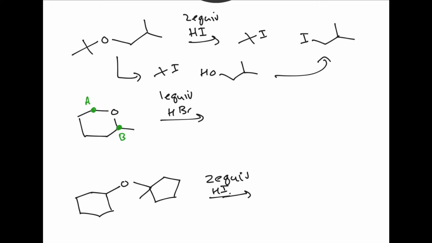So which carbon is going to get the halide? A or B? A, right? So I've got a primary and a secondary, so that means I put it on the least substituted carbon, and A is least substituted. So we're going to do this guy, like that.